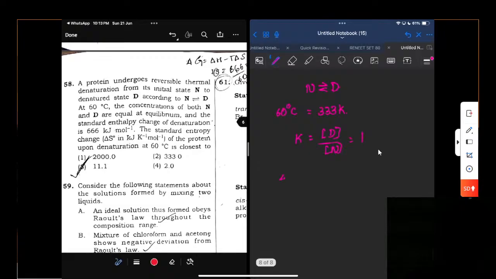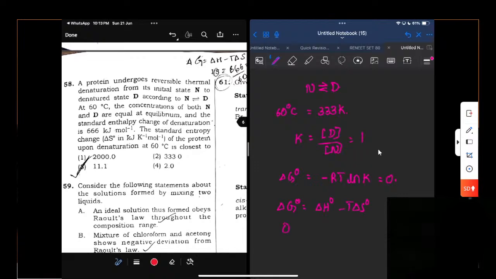We know the equation delta G naught is equal to minus RT ln K, which becomes 0. Use the equation delta G naught is equal to delta H naught minus T into delta S naught.